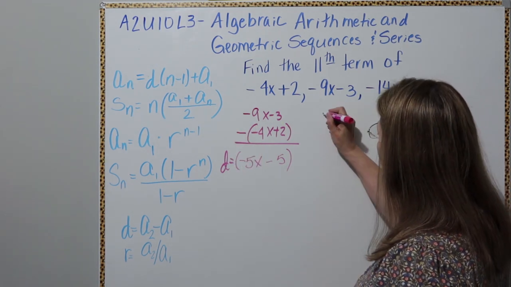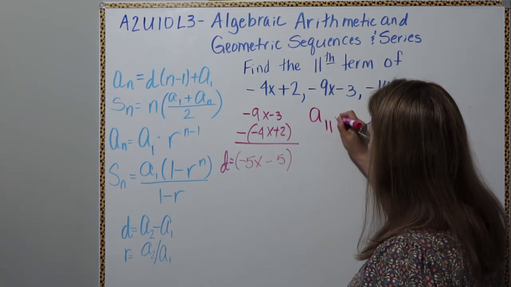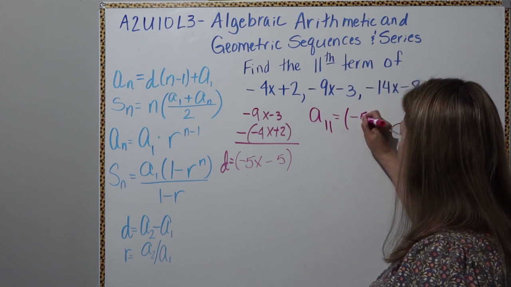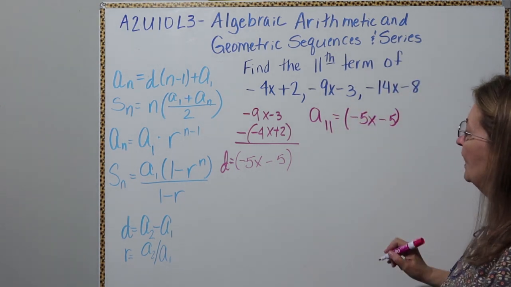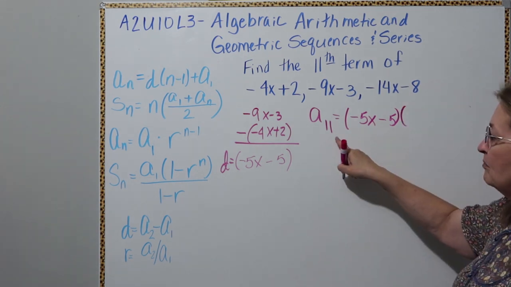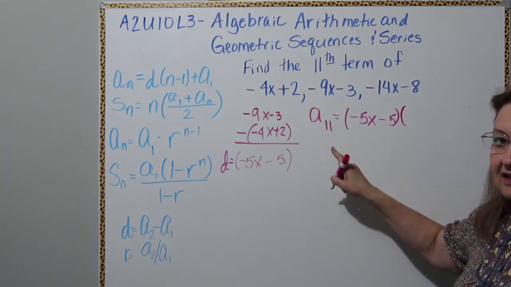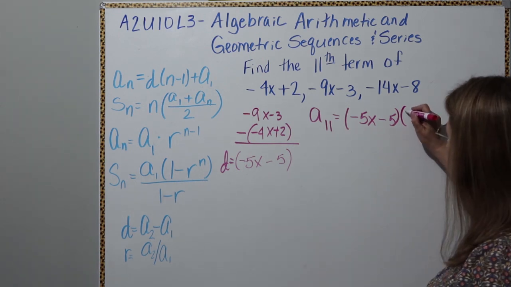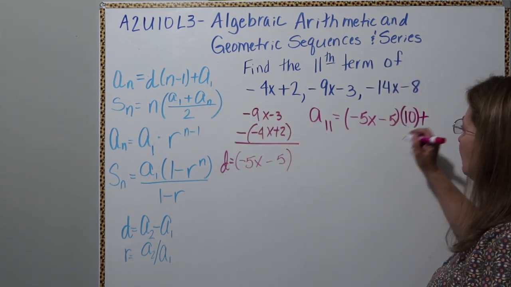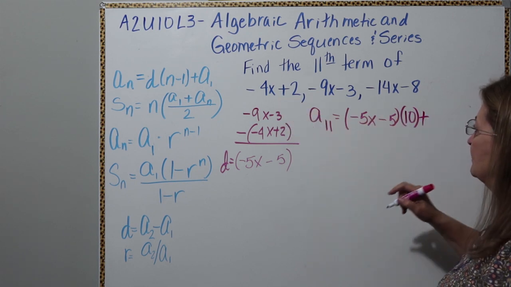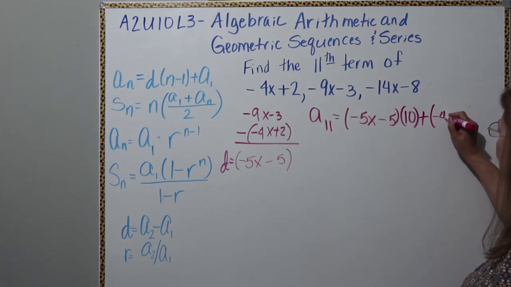Let's plug it into our formula. We're going to have A11 is equal to negative 5x minus 5, and this is times n minus 1. Well, if our n is 11, n minus 1 is 10, then we're going to have plus the first term, which is negative 4x plus 2.